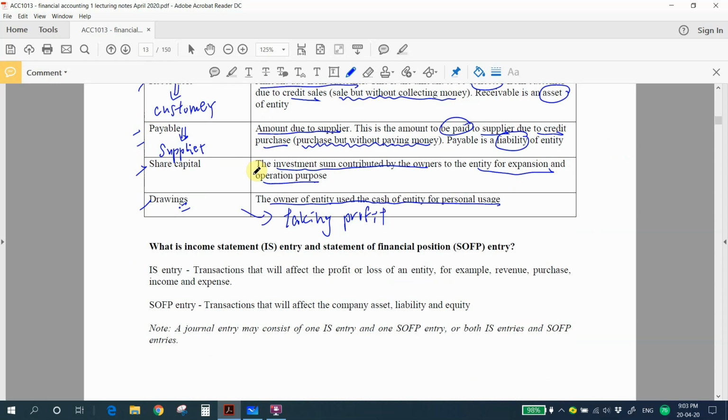We also need to understand what is income statement entry, IS, or statement of financial position entry, SOFP. IS entry is a transaction that will affect the profit or loss of the entity. Examples are revenue, purchase, income, and expenses. SOFP is a transaction that will affect the company's asset, liability, and equity. So based on this explanation, IS entry affects the profit or loss, SOFP affects the company's asset, liability, and equity.